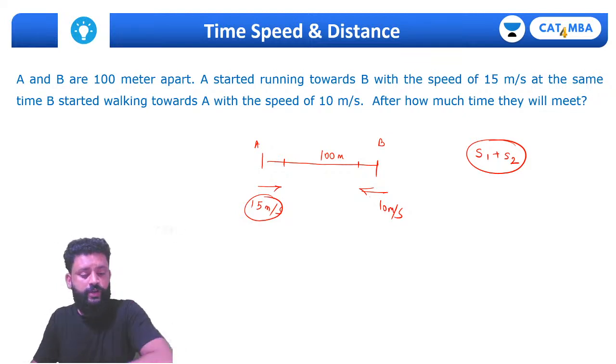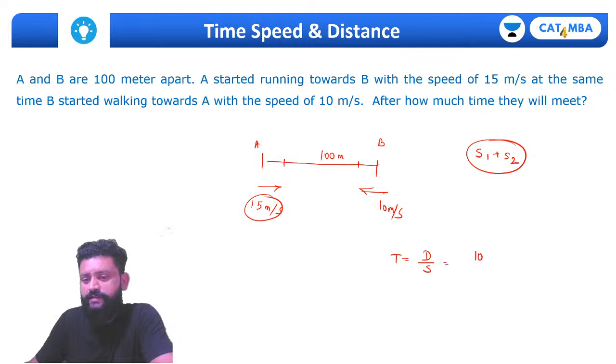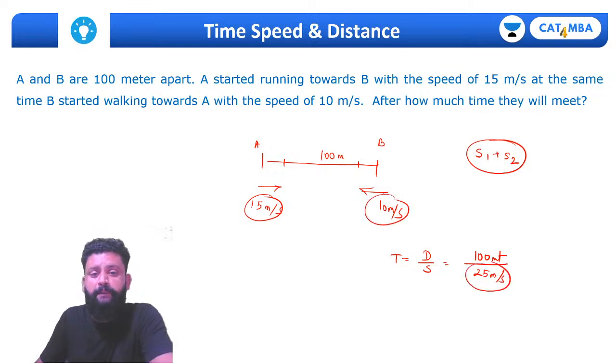Hopefully you're getting this. Time is distance upon speed. So simply, to travel 100 meter distance with the speed of 25 meters per second. A is not walking at 25 meters per second, nor is B, but combinedly their speed will be 25 meters per second. So definitely they'll meet each other after 4 seconds.